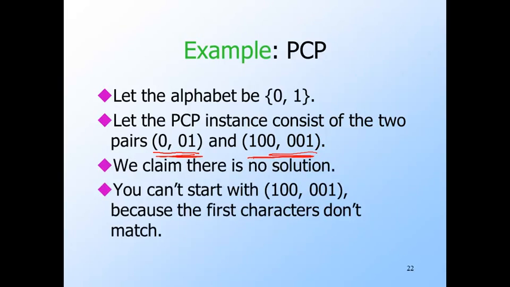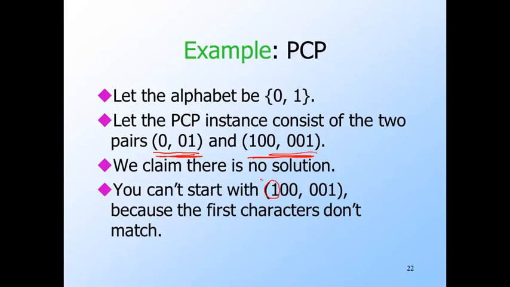The analysis of this simple instance is not so easy. The easy part is that no solution can start with the second pair. Why? The reason is that if we choose 2 as the first integer in the so-called solution list, then the first string made from the w's that are first components will begin with this 1.